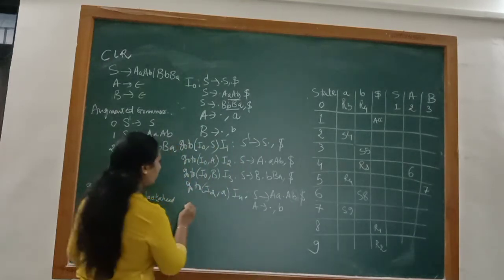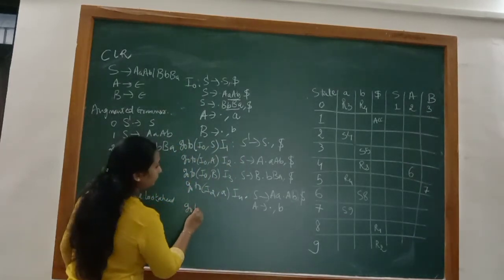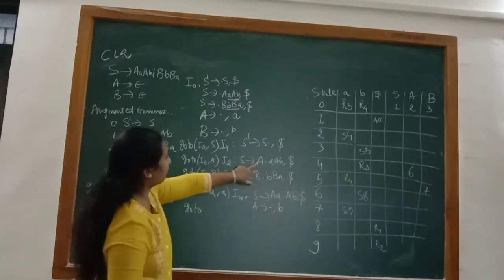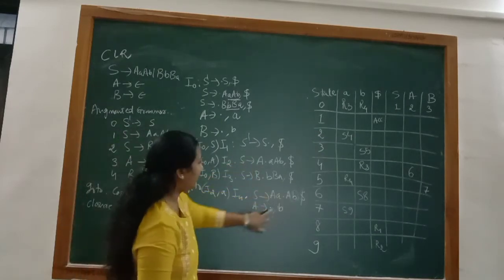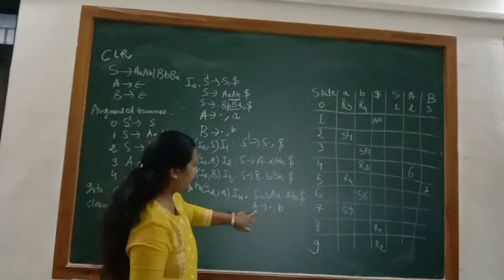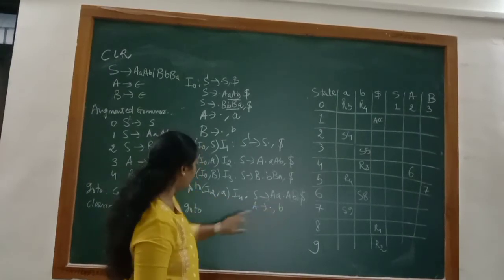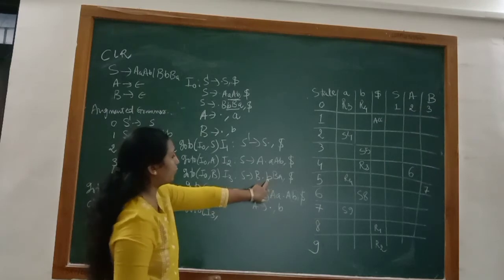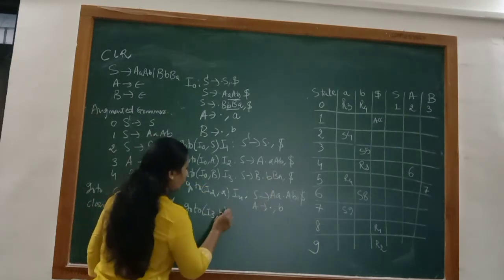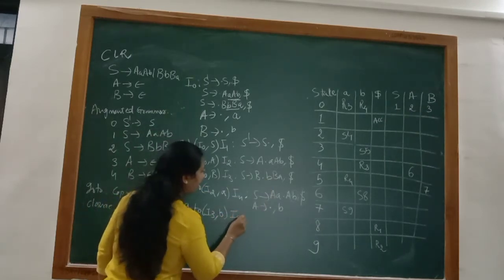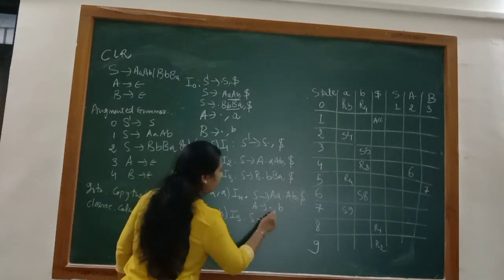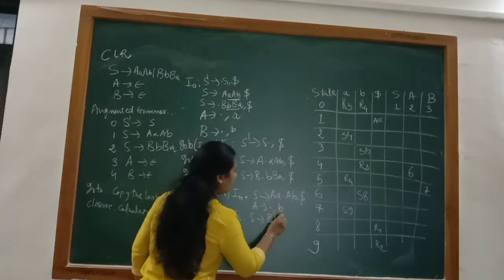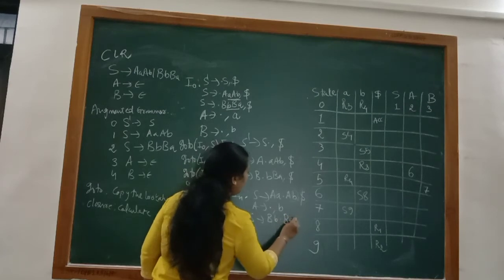Clear? Now go to, do we have any other operation? So this is A. I have included the production of A, so this is done. Now go to I3. In I3 the next possible symbol is small b. So go to I3 b, that is I5: S2 B dot capital B A and dollar.